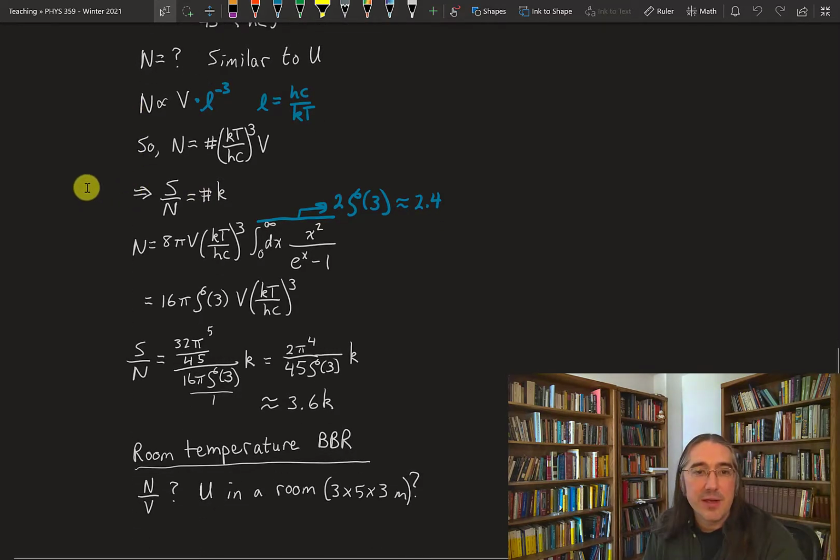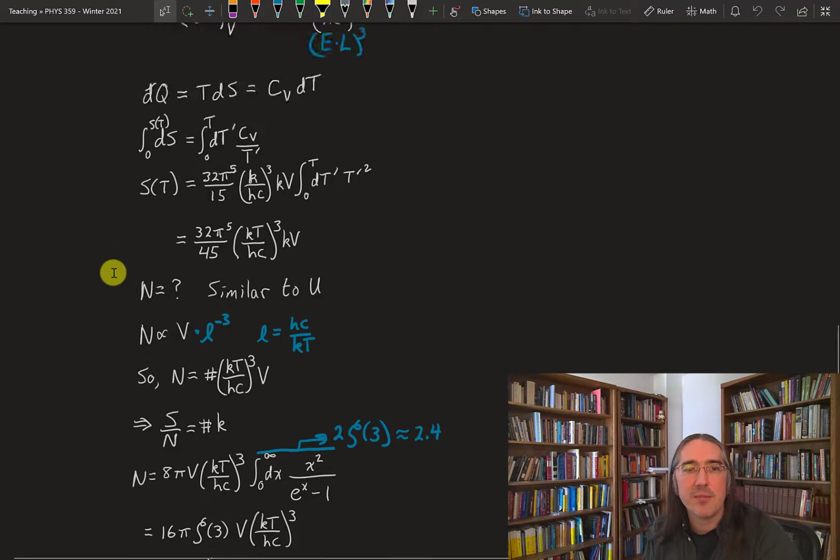So for n, we can go all the way back to the top when we were doing our integral to get U. Where did that come from? That came from thinking of states in n space, switching to spherical coordinates, doing the angular integrals, and marching all the way through.